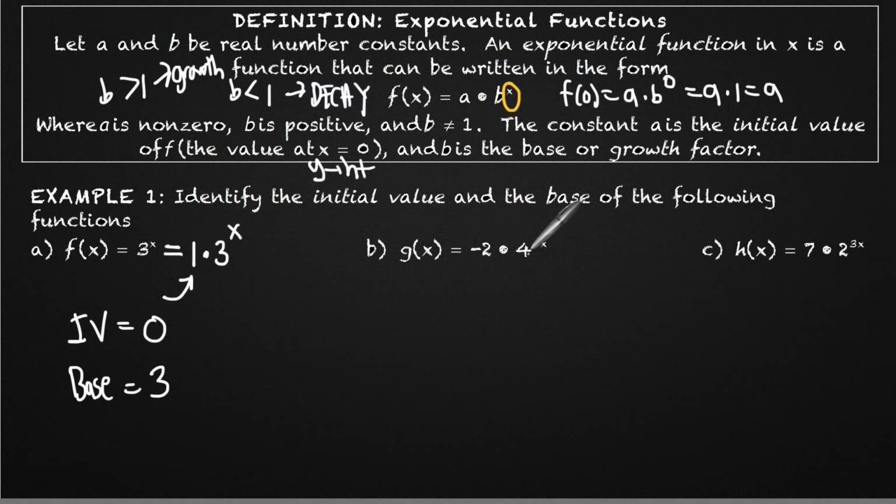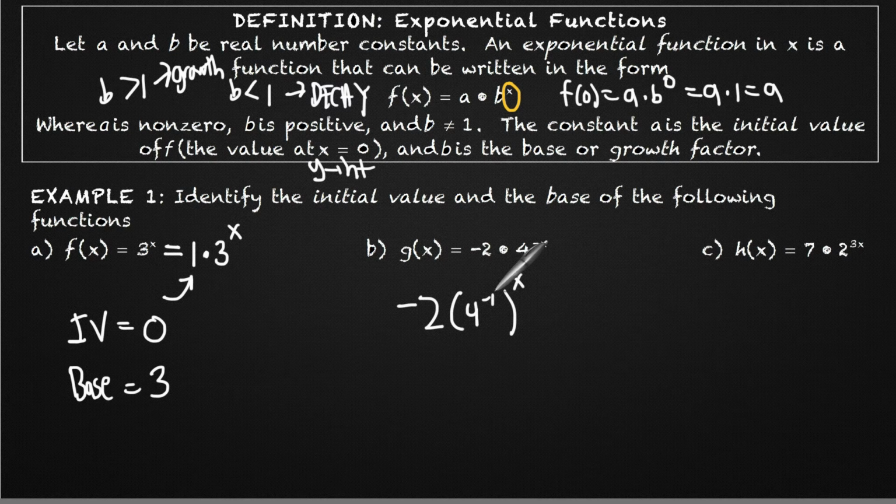Now if you notice here, this is negative 2 times 4 to the negative x. So what we need to do is rewrite this as negative 2 times 4 to the negative 1, to the x. Now let me just make sure everybody is clear on what I did here. I have a negative 1 raised to an x.